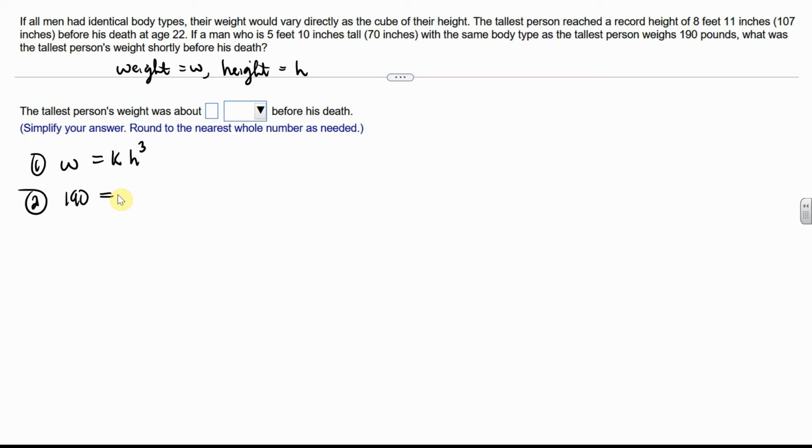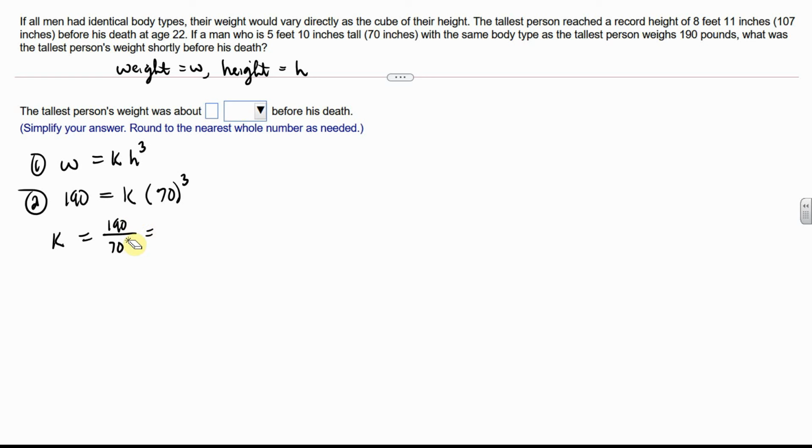So that constant has everything you need. This is equal to K times 70 inches raised to the third power. So K is equal to 190 over 70 to the third power.